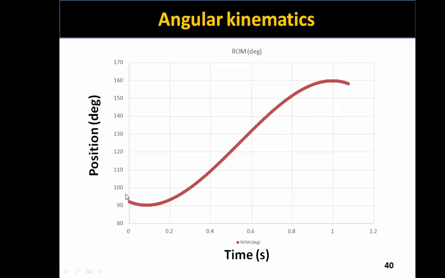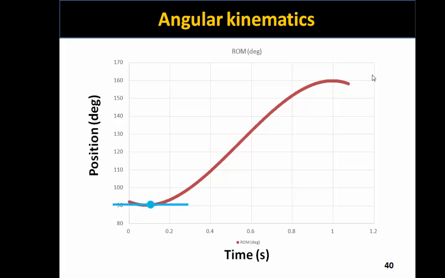Here we see the knee starts at a position of approximately 90 degrees and approaches almost 180 degrees, full knee extension, as a function of time. There is a little bit of movement at the beginning as that is modeled, and a little bit of movement in the opposite direction at the end.